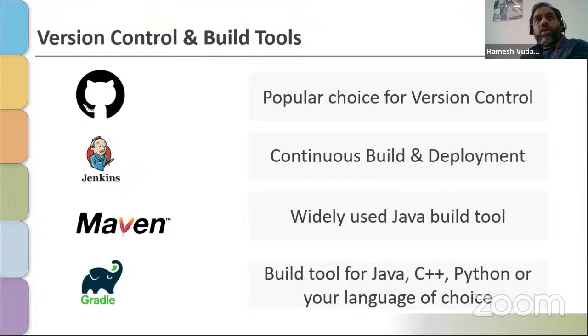If you know what's happening these days, there is a kind of monopoly in version control and build tools. Being a web programmer in 2020, the one thing you must know is GitHub. Every open source project in the world is hosted on GitHub.